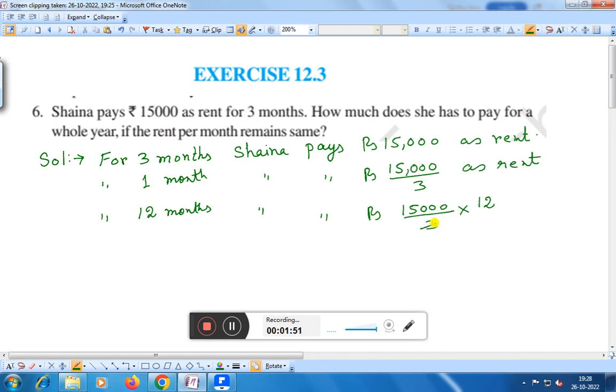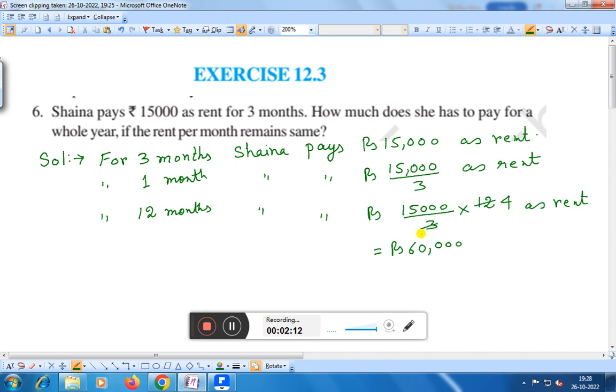That is 3 fours are 12, right? As rent. Now, if we multiply, 15 fours are 60, that is 60,000.